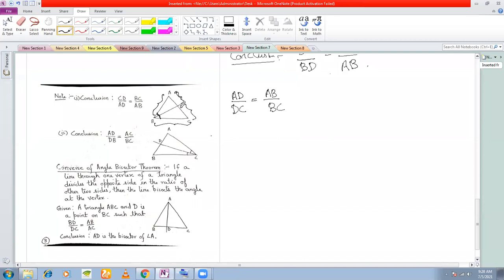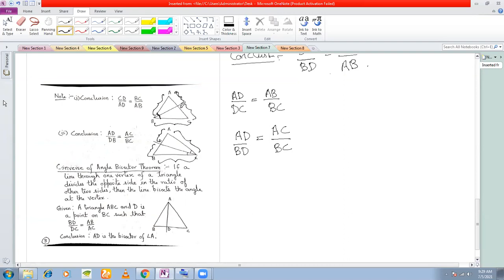Okay, similarly, you can have this case. If I'm writing AD first, then I give an equality sign. I will write this side first. And then you can write BD. And here you can write BC.